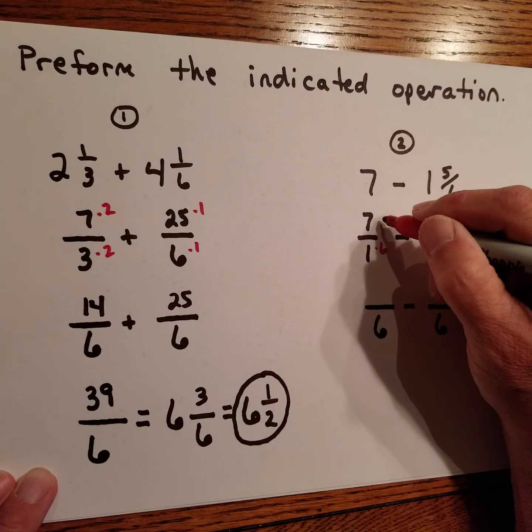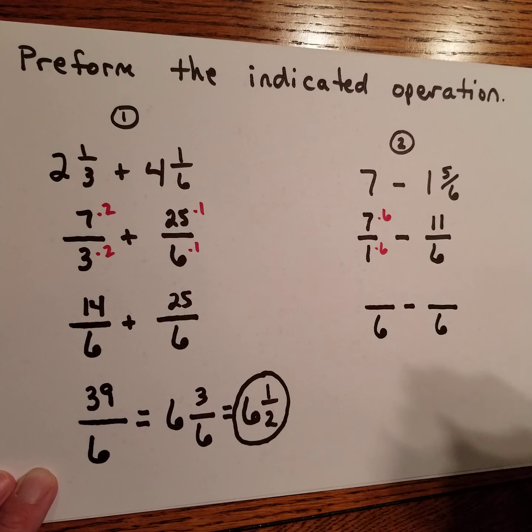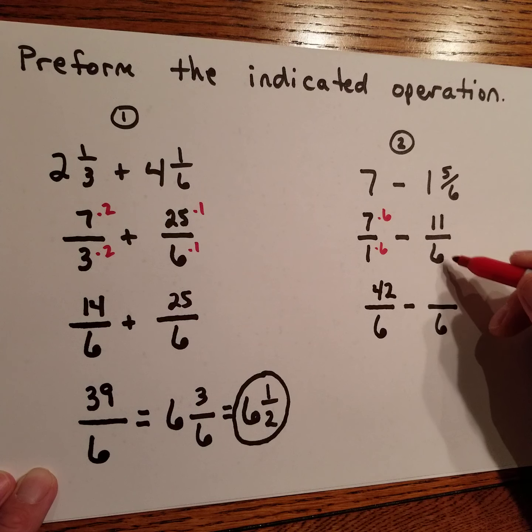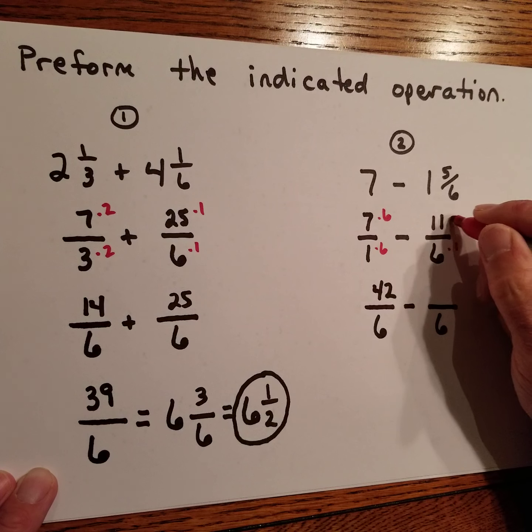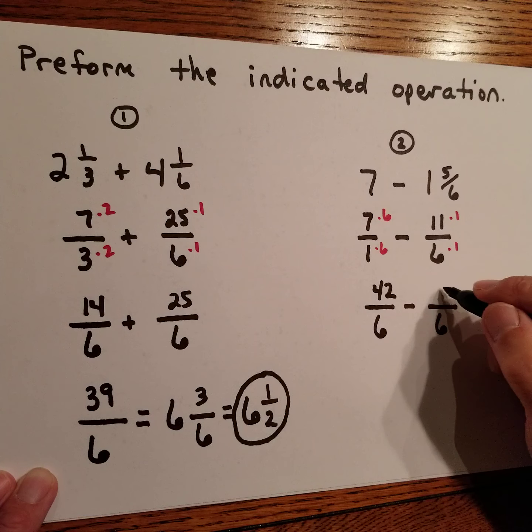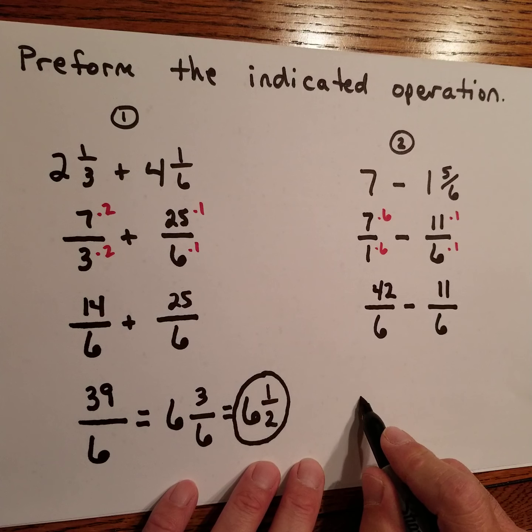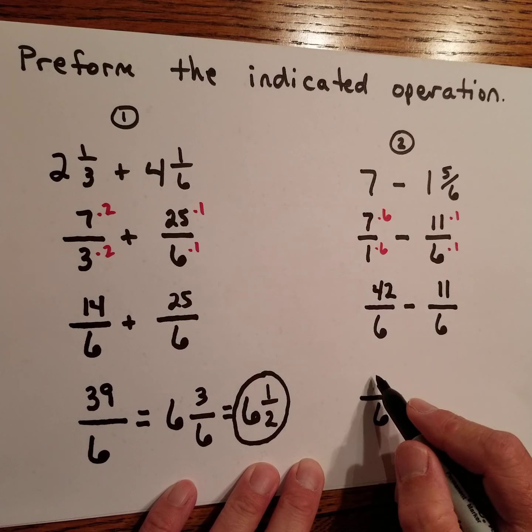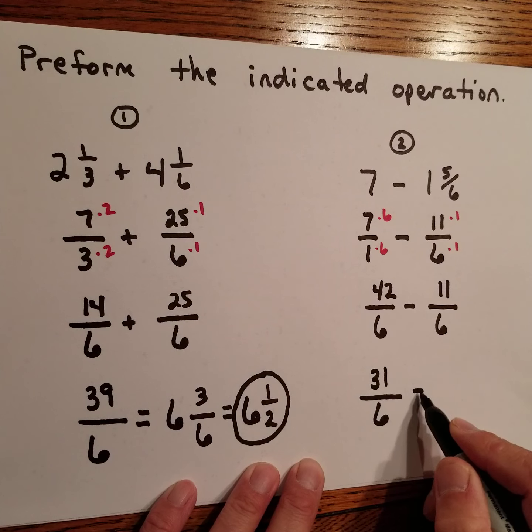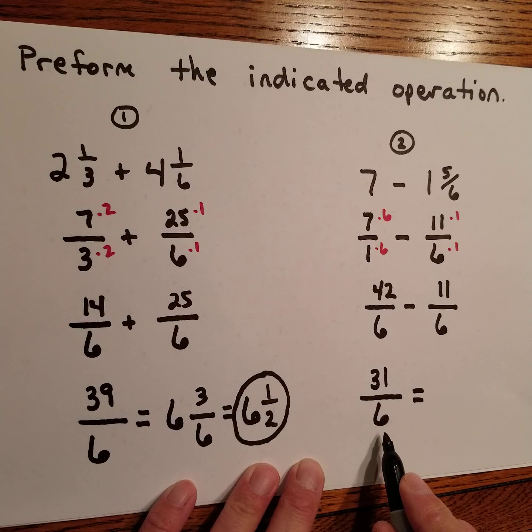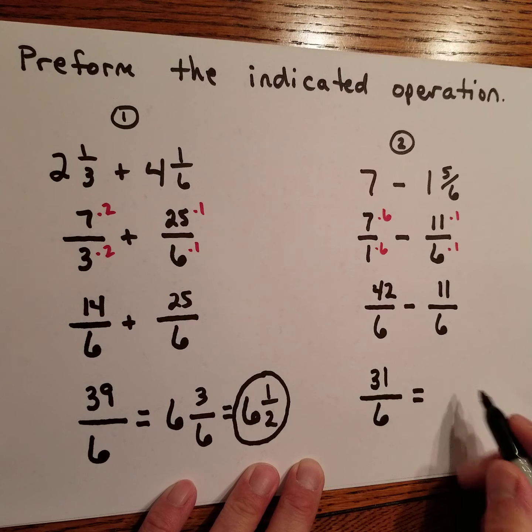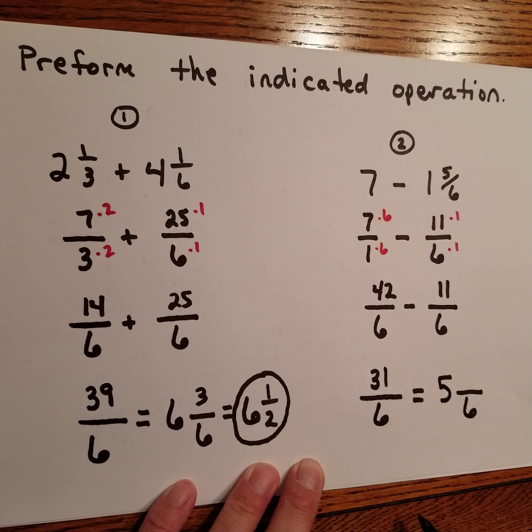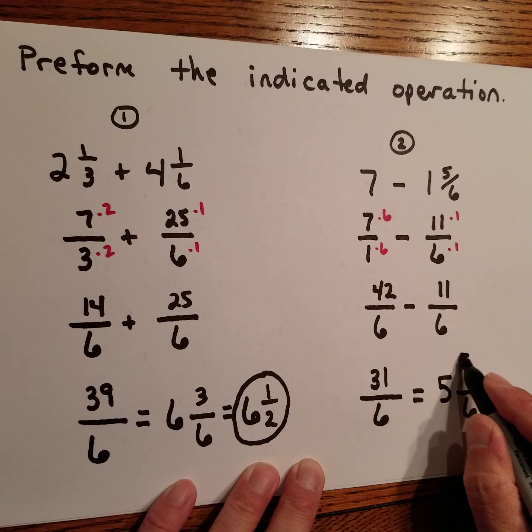It's 6. And what do you multiply times 6 to get itself? It's 1. Keep that common denominator. Subtract those numerators. Then change the improper fraction back into a mixed number. 6 goes into 31 5 times with 1 left over.